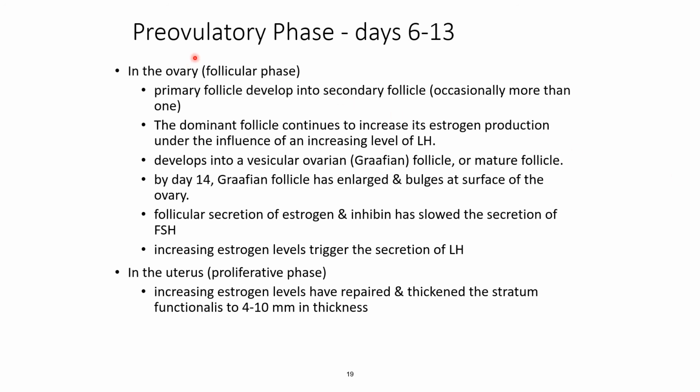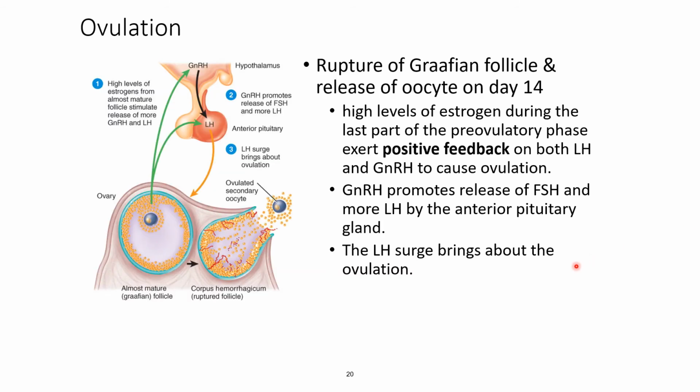In the pre-ovulatory phase of the overall reproductive cycle, and this is what I was explaining, the development of the follicle under the stimulation of follicle stimulating hormone, and increasing estrogen levels causing luteinizing hormone increase, and building of the stratum functionalis in the uterus. This is how ovulation comes about.